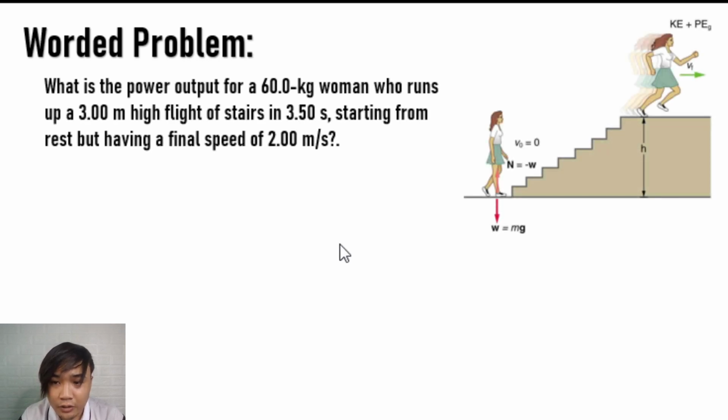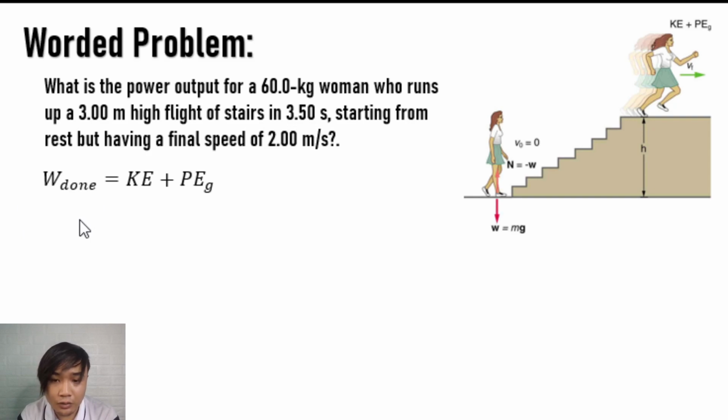So, worded problem tayo. Example. What is the power output for a 60 kilogram woman who runs up a 3 meter high flight of stairs in 3.5 seconds? So, starting from rest but having a final speed of 2 meter per second. So, compute natin yung power output ng babae.